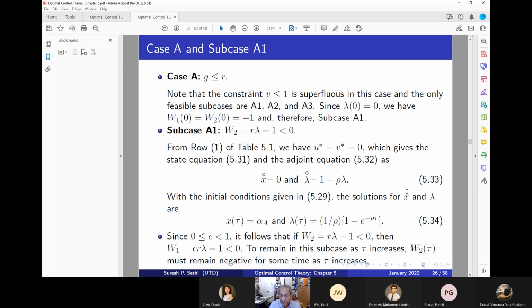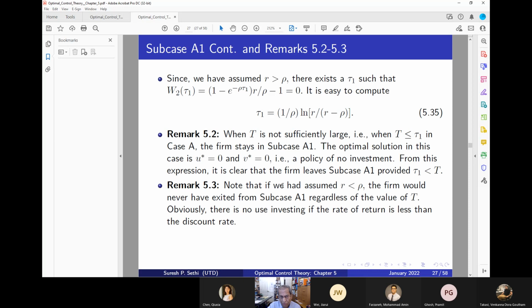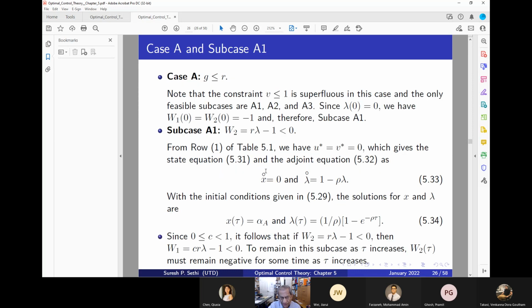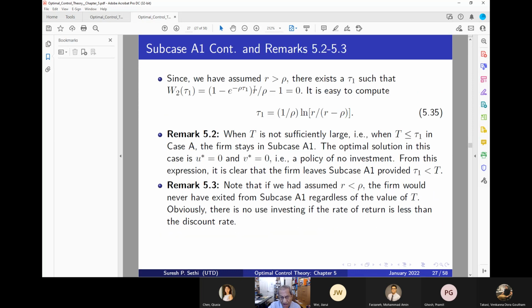Right? But let's go to W2. W2 is given by this formula. It is R lambda minus 1. So there is lambda, there is R there, so lambda times R minus 1. So you can see W2 tau, as tau goes to infinity, becomes R by rho minus 1.